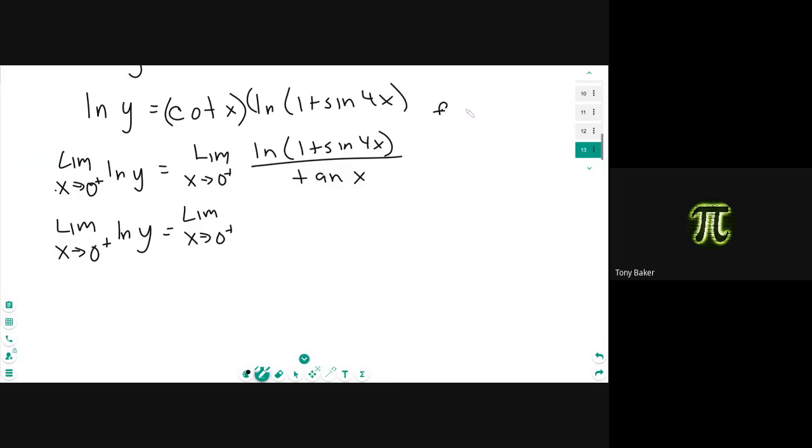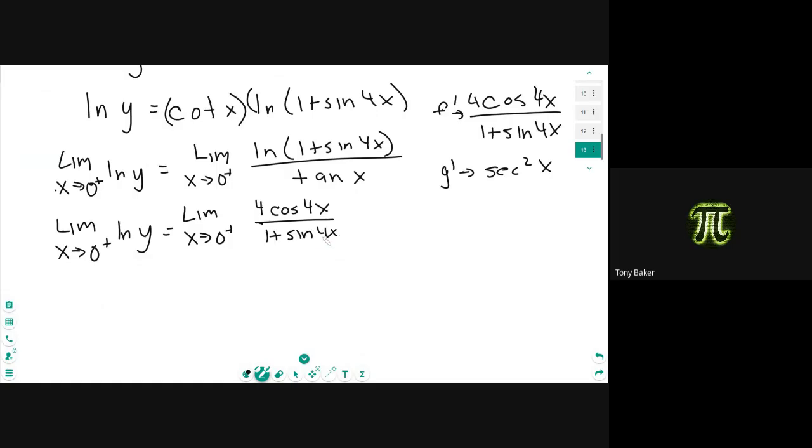So my top piece is 4 cosine of 4x over 1 plus sine of 4x. And my bottom is secant squared of x.